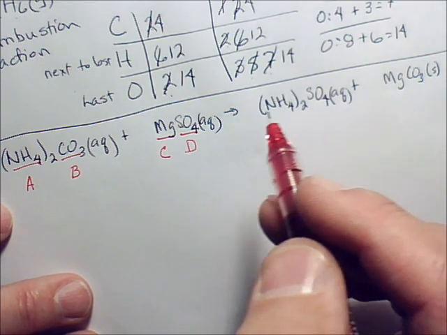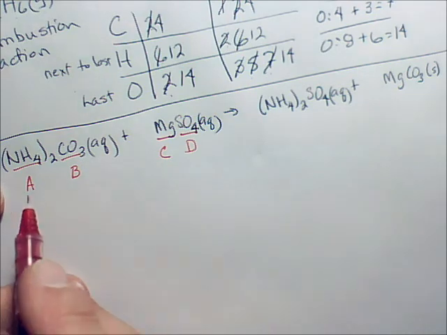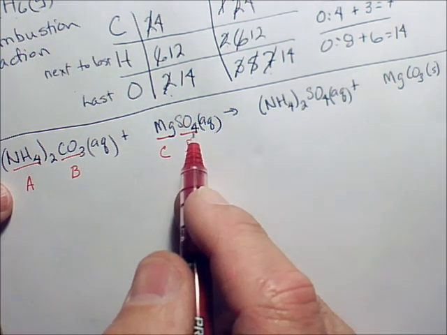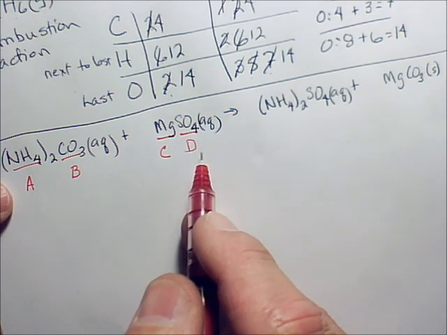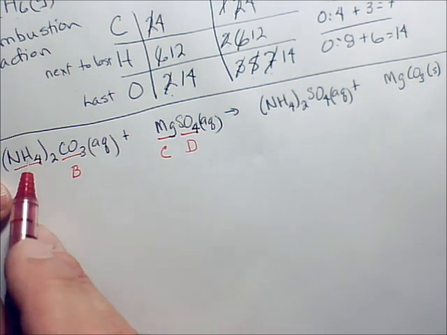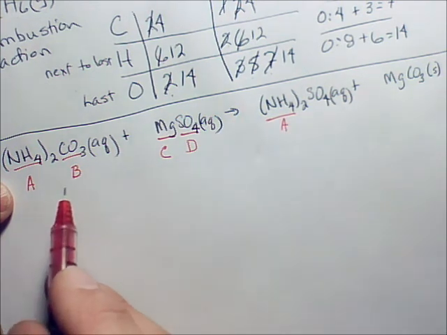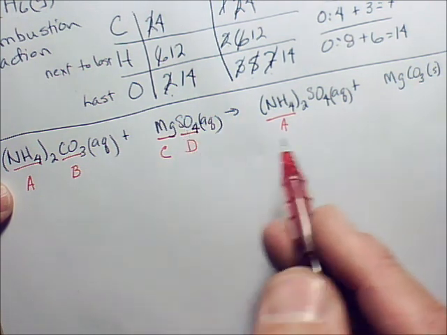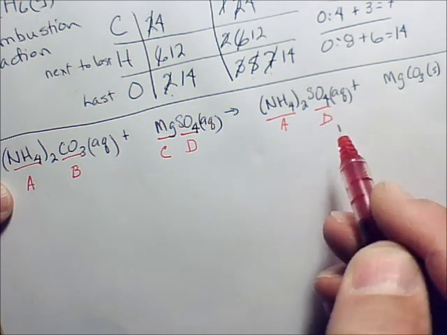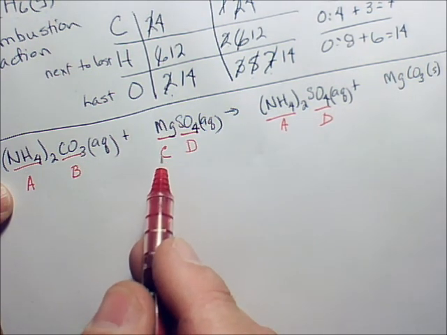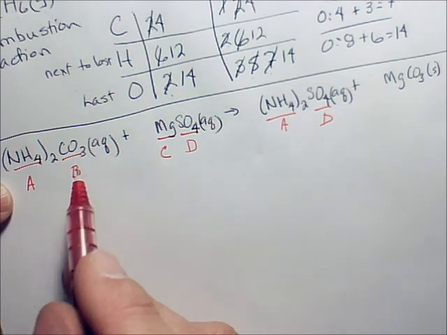So if this is double replacement, then the front part of this, A, needs to go with the back part of this, which is D. Let's see if that happens. So we want to find this NH4, and there it is, that's the A part. It needs to go with this D part, which is SO4, and sure enough, it did. And the front part of this, the C part, the magnesium, needs to go with the B part.